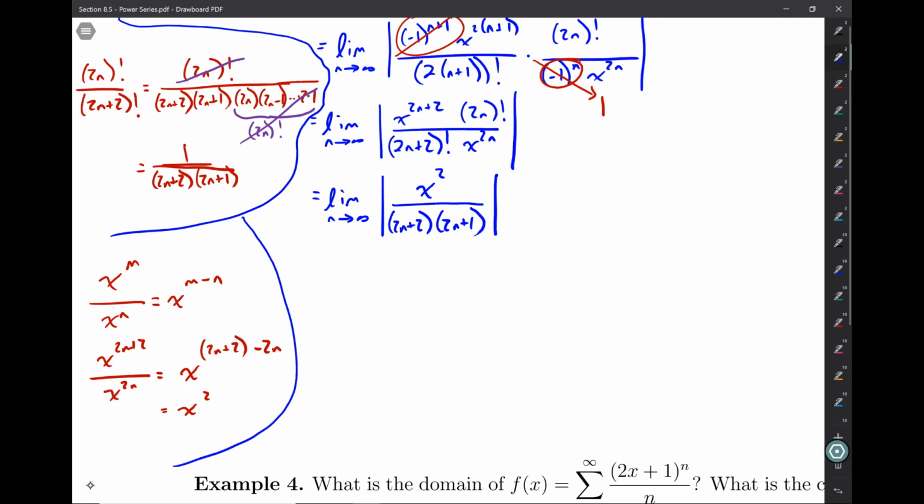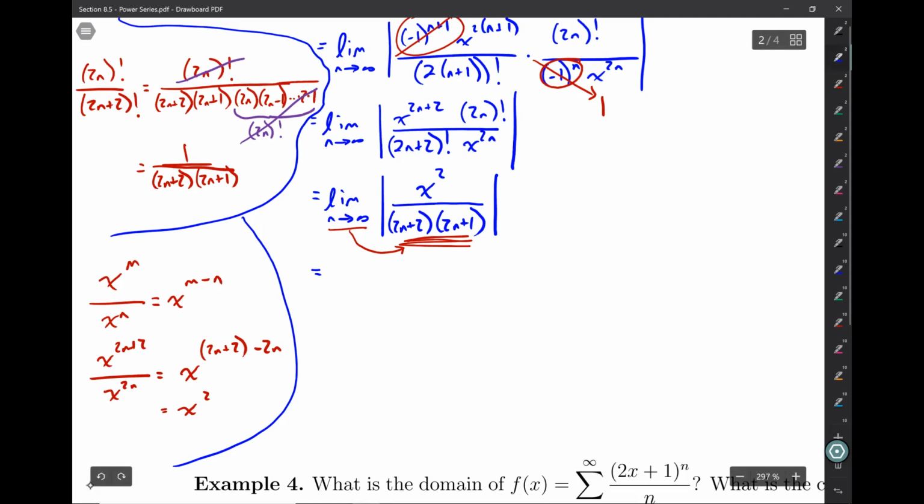All right. Let's continue this limit computation here. We have a limit as n approaches infinity of this particular expression. Now, just like before, the 2n plus 2 and the 2n plus 1 in the denominator are definitely affected by this limit because it is a limit that involves n's. But this x squared is not really affected by the limit because the limit doesn't have to deal with x, the limit has to deal with n's.